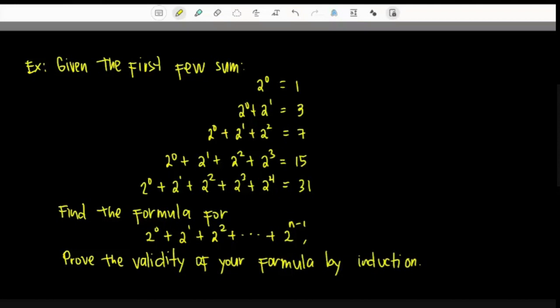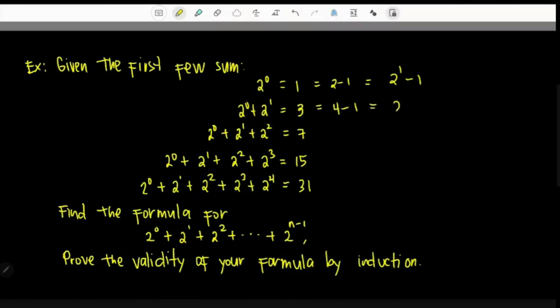You can just look at the pattern. 1 is actually 2 minus 1, right? But 2 is 2 to the 1. So we have 2 to the 0 is the same as 2 to the 1 minus 1. Now, on the other hand, 3 is 4 minus 1.